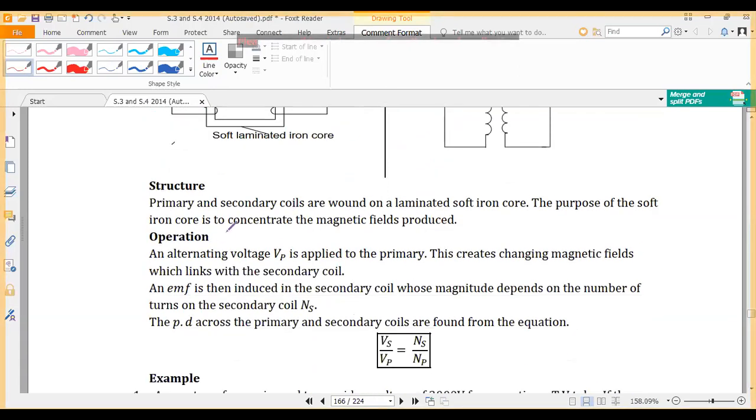If you look at the mode of operation, an alternating voltage is applied in the primary coil and it creates a changing magnetic field which links the secondary coil. So the secondary coil will get an induced EMF in it due to the changing magnetic field caused by the primary coil.